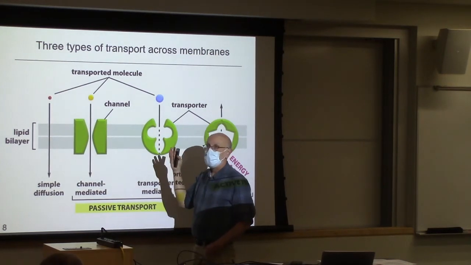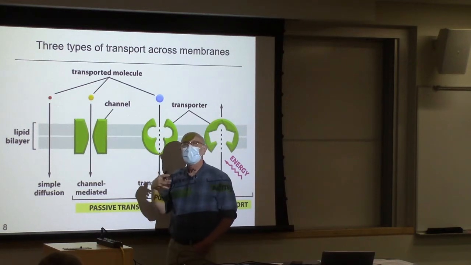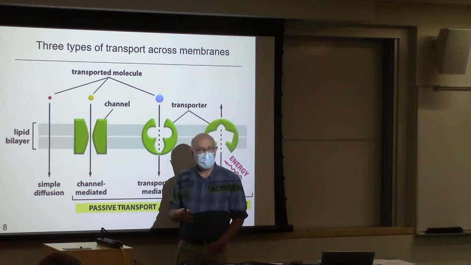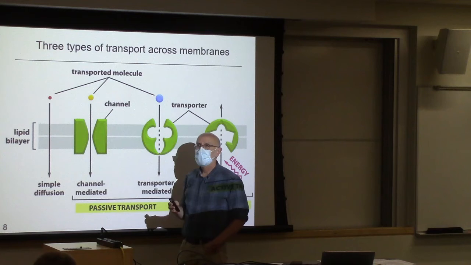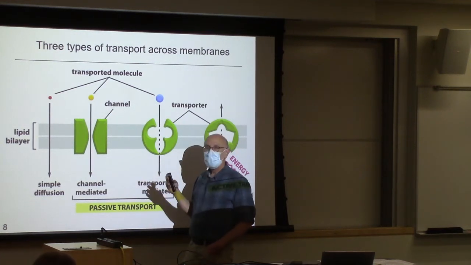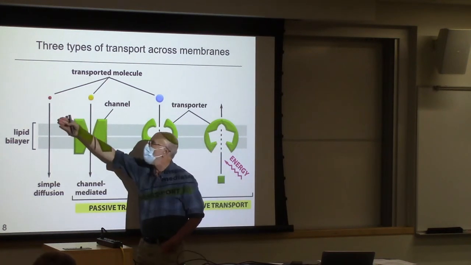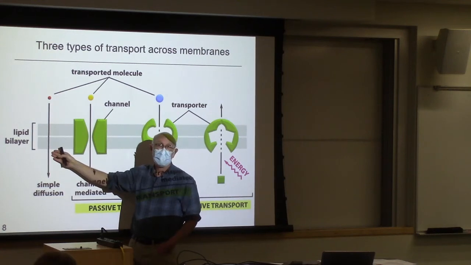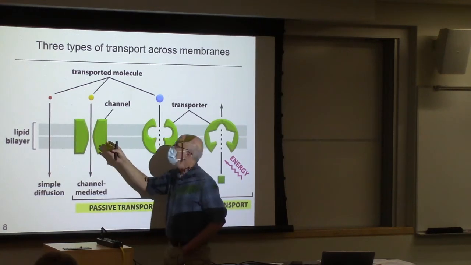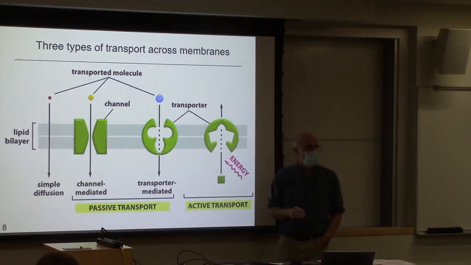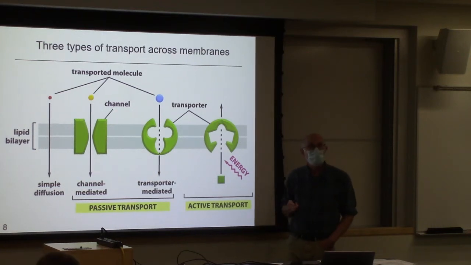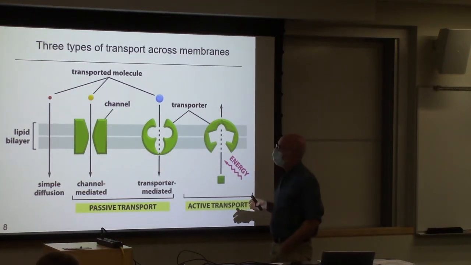Most of the ions that we're interested in, sodium, potassium, calcium, chloride, phosphate, most of those ions cannot pass through a membrane, and so they have specific transport molecules. And we're going to put them into really 4 groups.